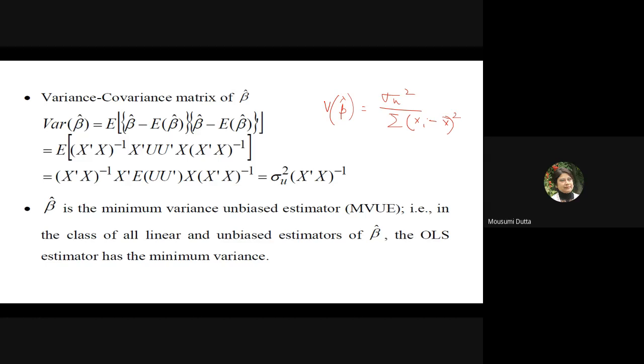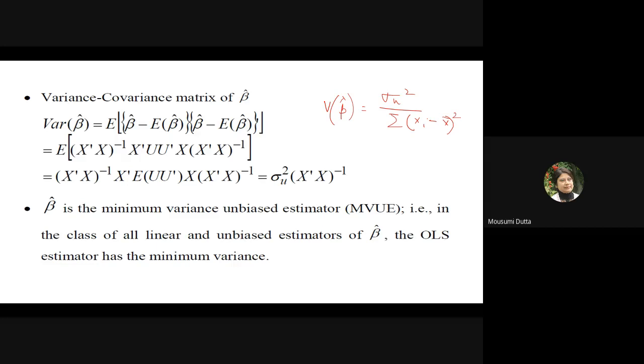The proof of minimum variance I'll not do here. That you will do later in some advanced course. Okay, at PG level, generally students do these things. So beta hat is the minimum variance unbiased estimator, MVUB, that is, in the class of all linear and unbiased estimators of beta hat, the OLS estimator has the minimum variance.